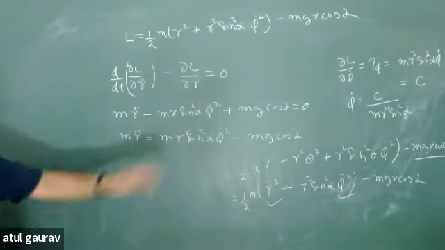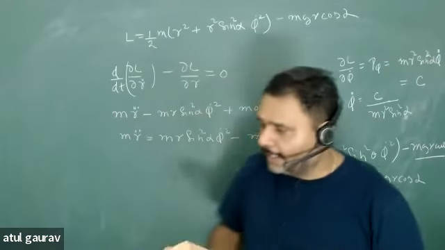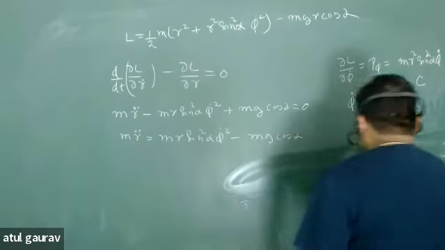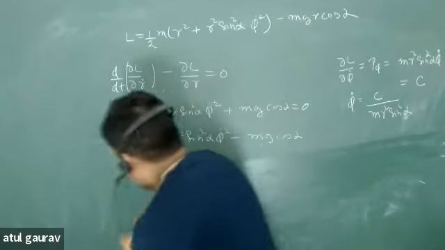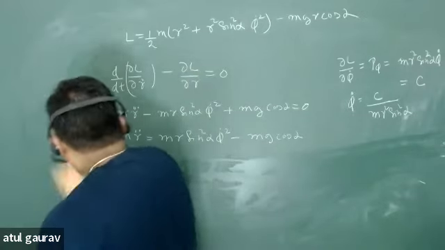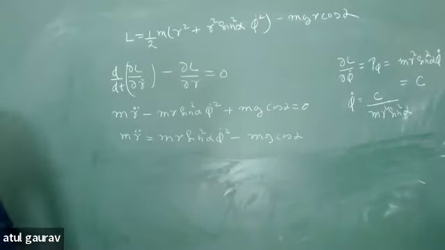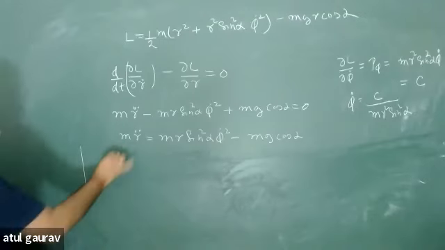Okay, now let us try to go for analysis of this particular thing. इसको थोड़ा एनालाइज करने की कोशिश करते हैं. Okay, just check it. So you can see this is my situation, है ना, यहां पर particle m है.